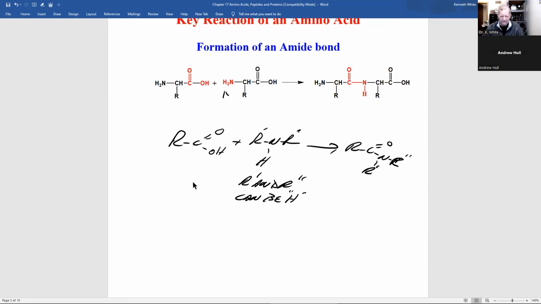Well, here, one of the hydrogens is R prime, and this whole group is R double prime. And notice you form the amide.